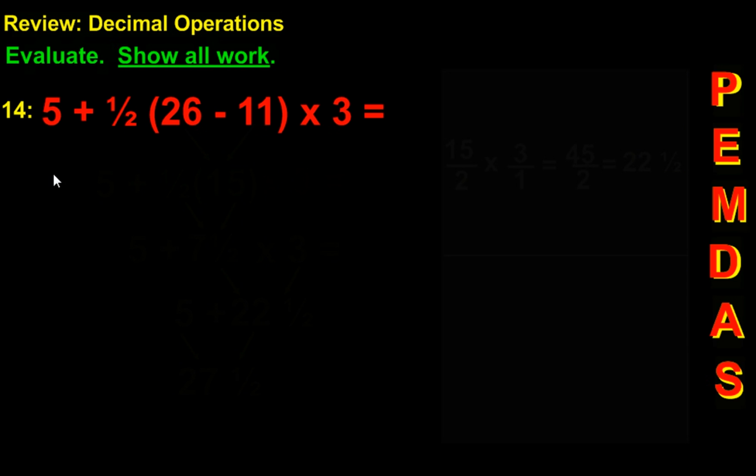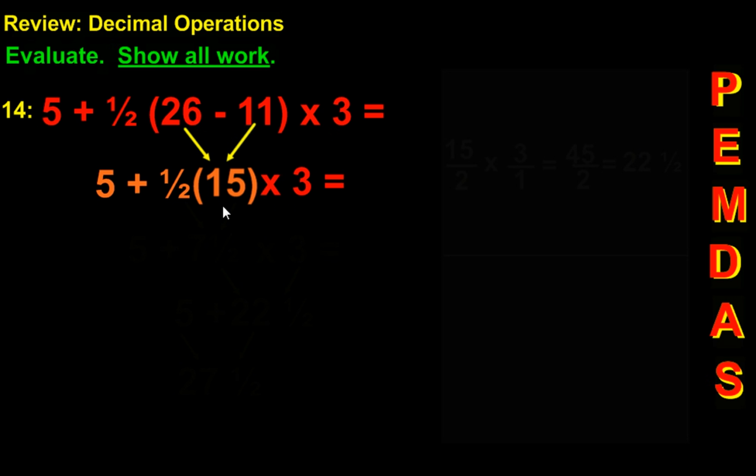Okay, our last problem, we do have parentheses, so that's where we're going to start. And so inside the parentheses we have 26 minus 11, which gives me 15, and I'm going to bring the rest of the problem down. So I have 5 plus 1/2, I have the 15 now, and I have times 3.